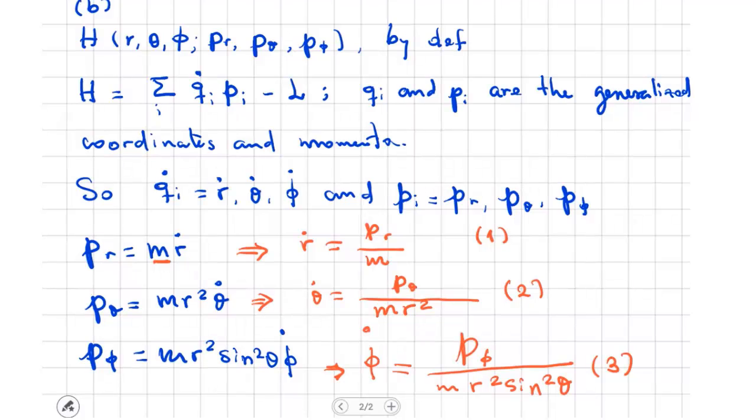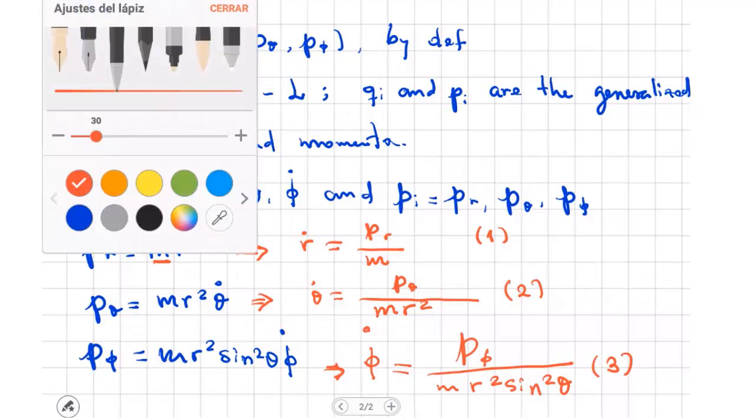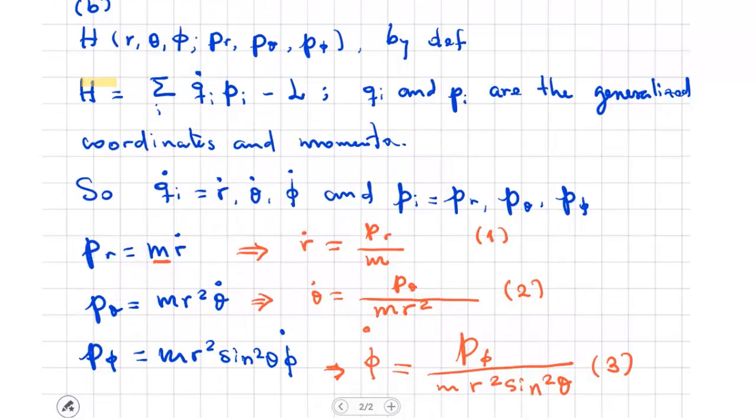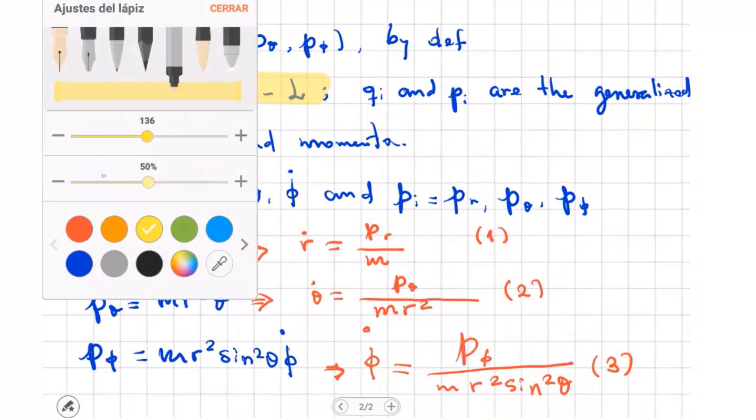We wrote the Hamiltonian originally like this, because this is the formula for the Hamiltonian, the highlighted one. So we are going to replace equation number 1, equation number 2, and equation number 3 into the Hamiltonian.